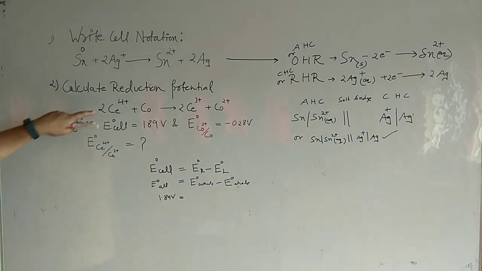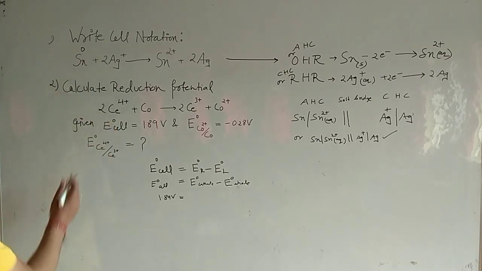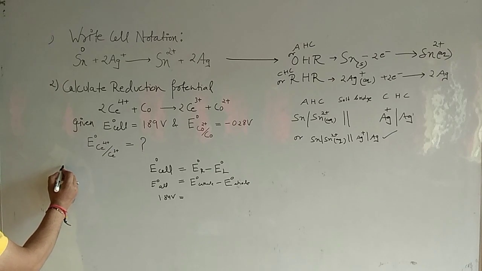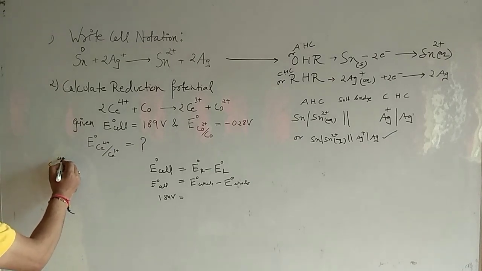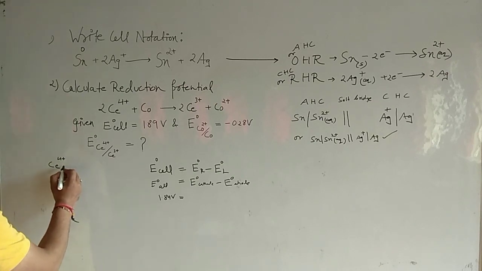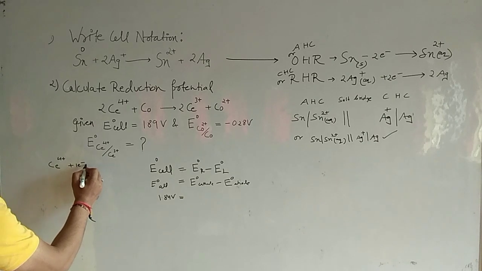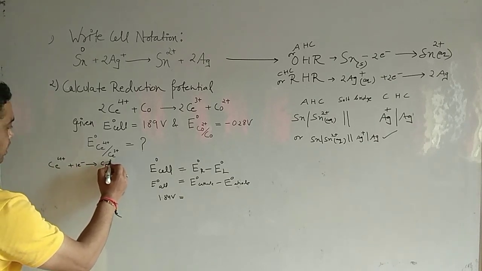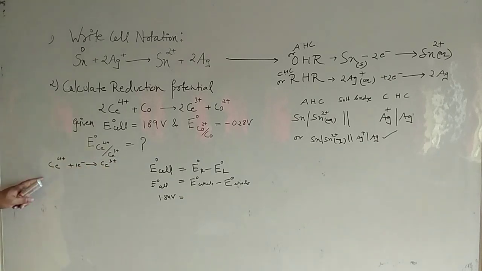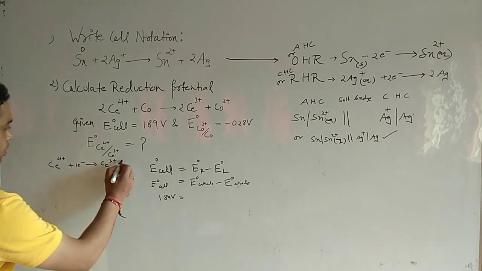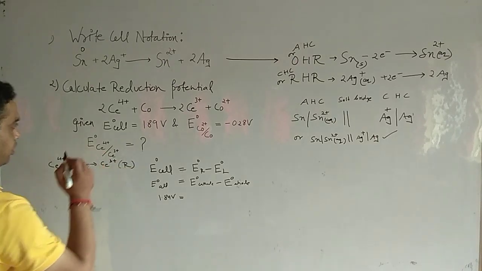If you follow the same procedure to write the reaction, here the cerium 4 positive ions are consuming 1 electron and converting into cerium 3 positive. So it is the process of reduction.